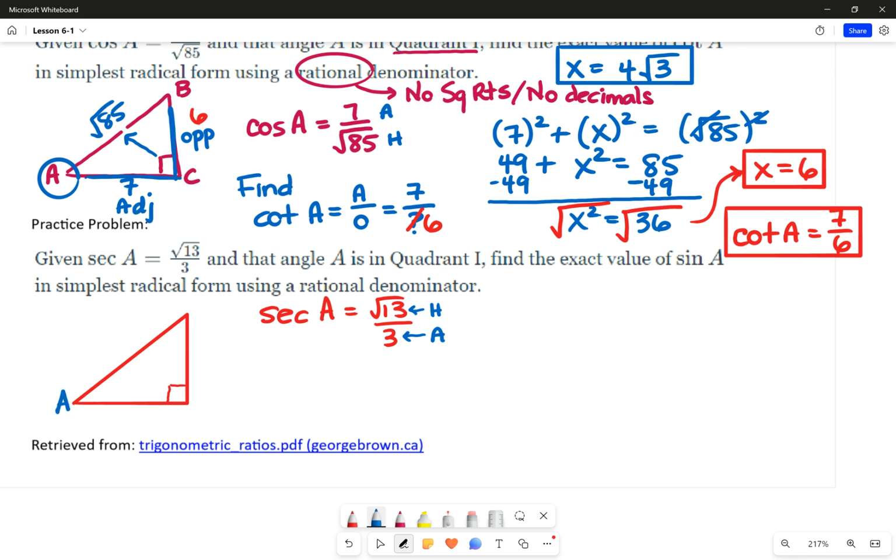It's either going to be here or here. Okay, so since we did it at the bottom on that one, I'm going to do it at the top this time, up here. So notice that I always circle the angle I'm standing at just to remind me where the angle is. Okay, so if I'm standing there, first of all, they gave me the hypotenuse is square root of 13. So I'm going to label hypotenuse right off the bat.